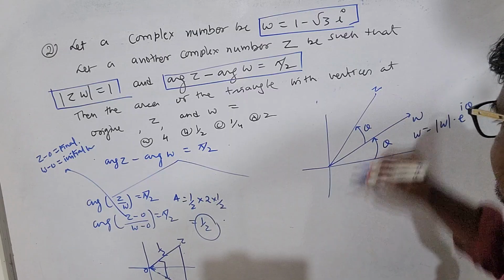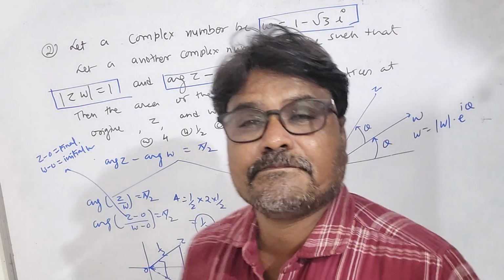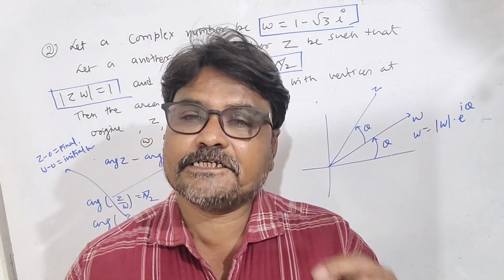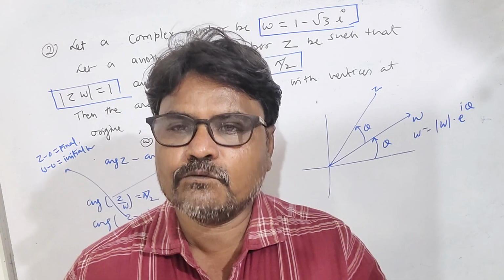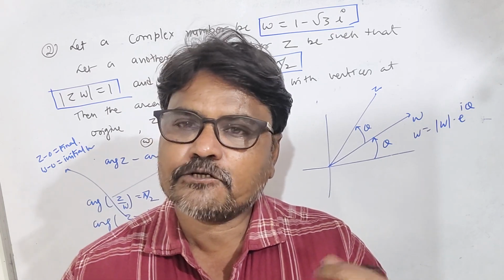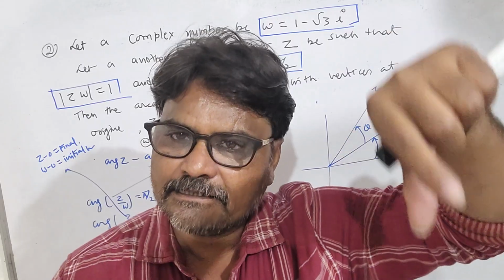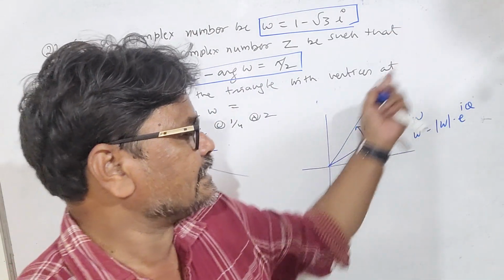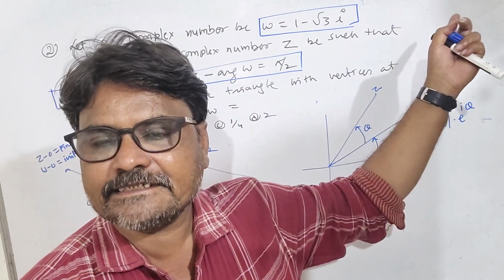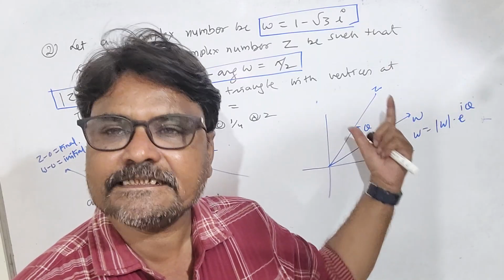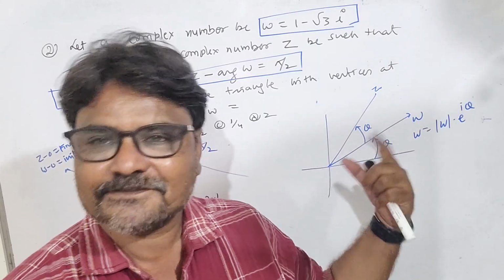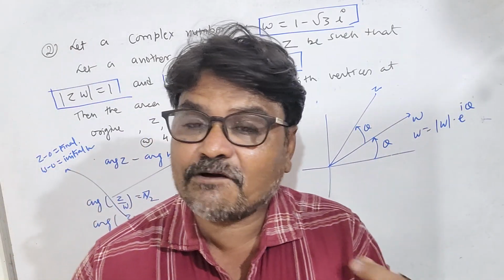So we get z. The modulus of z can be equal to the modulus of w, or after rotating, w can be stretched or compressed, so that the modulus of z can be increased or decreased, or remain the same if only rotated. So this concept is a rotation of complex number.